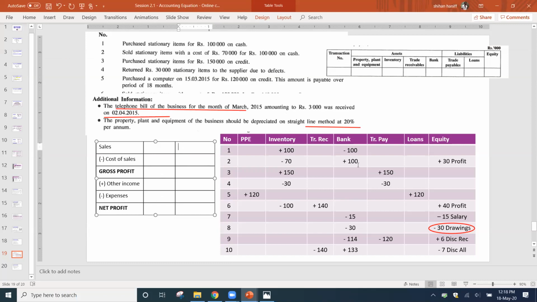So we have sales. What is our sales value? We did a sale of 100 and another sale of 140. So total sales value is 240.